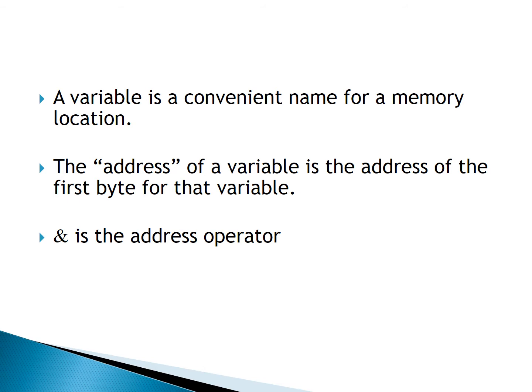A variable is a convenient name for a memory location, and this is convenient to programmers. The address of a variable is the address of the first byte of that variable, as we discussed on the previous slide, and the ampersand sign is the address operator.